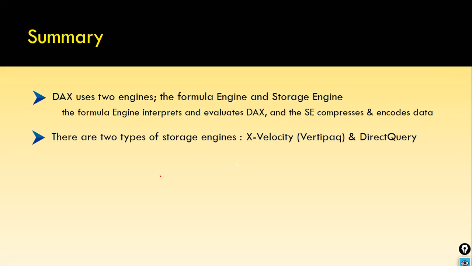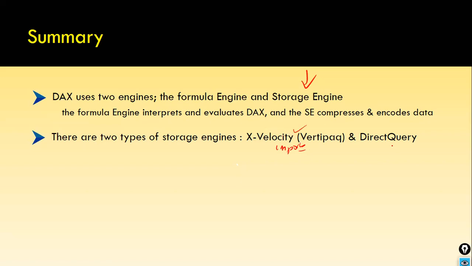Okay, to summarize, DAX uses 2 engines, the formula engine and the storage engine. The formula engine interprets and evaluates the DAX, and the storage engine is where the compression and all the encoding are happening. Within the storage engine, there are 2 types: one is XVelocity and the other is DirectQuery. In the case of import mode, the XVelocity engine kicks in.